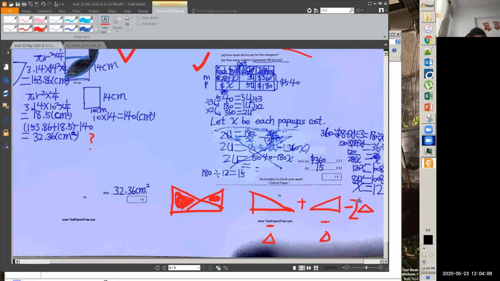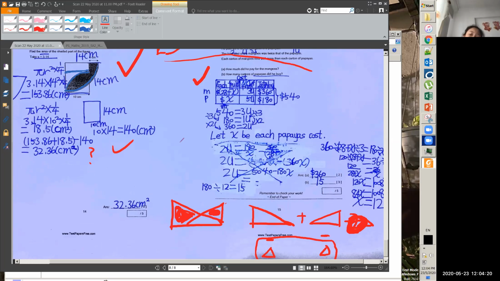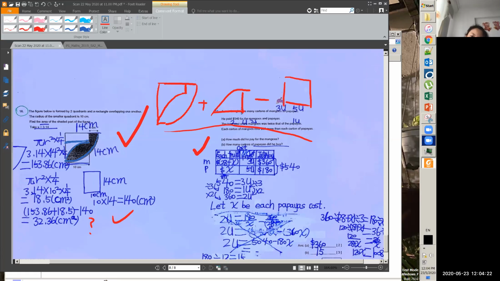That's why you need to minus 2 small parts. So similar concept here. You need to check when you minus just the one rectangle, did you minus enough or not?